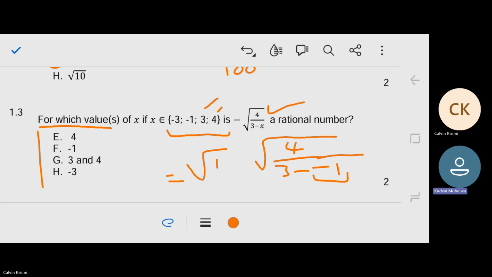It is. So the answer is F. What about G? Why is G out? Because we cannot put those two numbers.